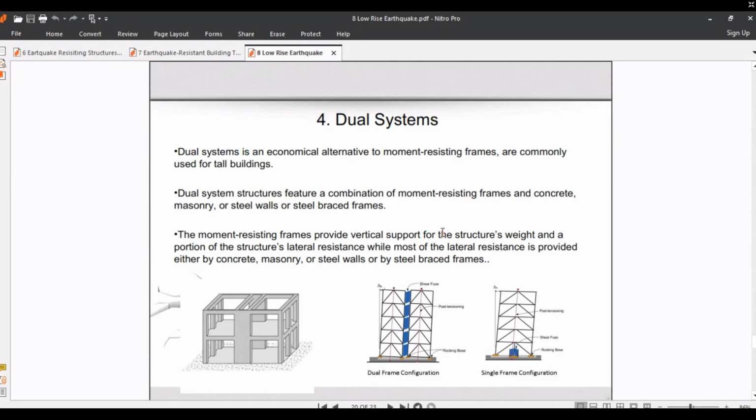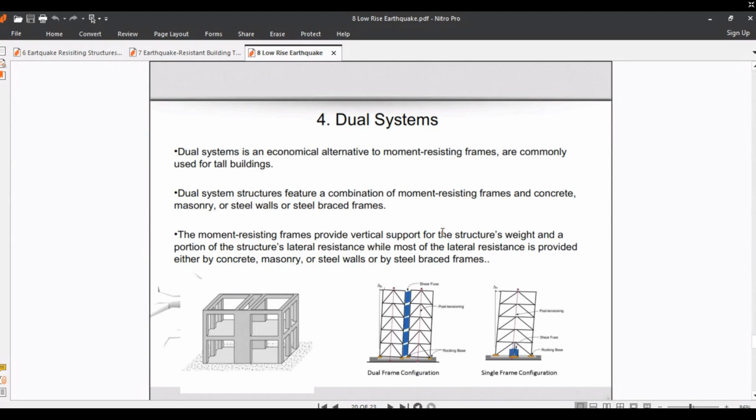As shown in these shapes, you can see dual frame configurations and single frame configuration. You can compare the horizontal displacement between the dual frame configurations and single frame configuration as shown in this slide. You can see this displacement increase in the single frame configuration compared to the dual frame configurations as shown in this slide.